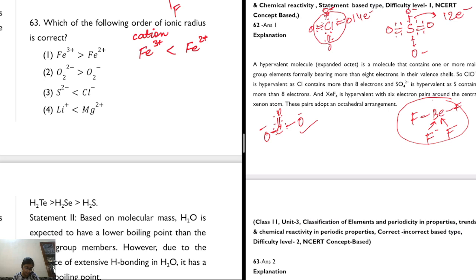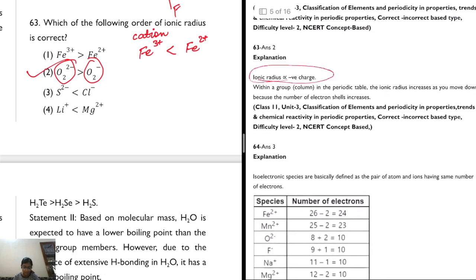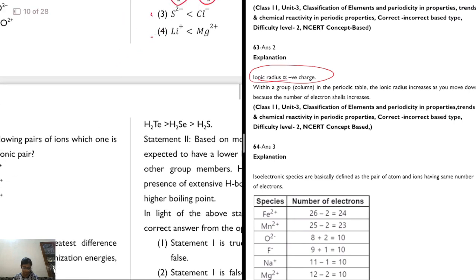For O2 2- and O2-, this is the correct answer because here electrons are more and size would be more. In case of anions, this will happen. Negative charge is directly proportional to ionic radii. So this is wrong, and this is also wrong. Let's see the next question.